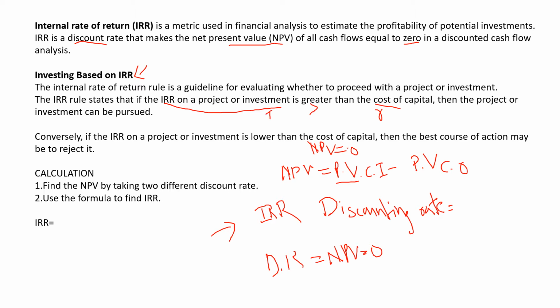But if the IRR of the project turns out to be less than the cost of capital, then we will be rejecting that project. Understood? So this is the decision rule for whether to accept or reject a project.